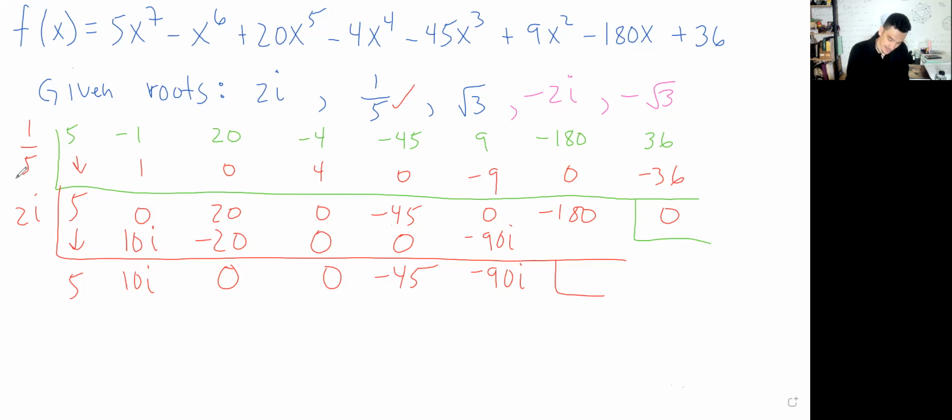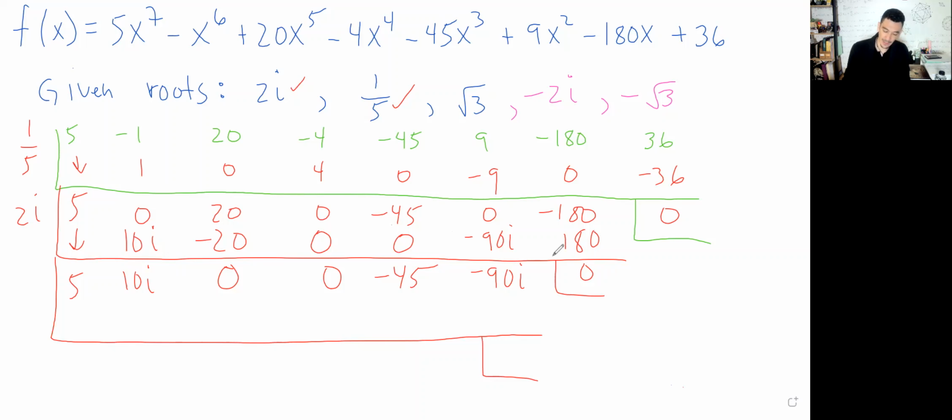And in like fashion, 2i times -90i, you will discover that it's actually positive 180, which gives us a remainder of 0. The 2i times the -2i, that'd be like -180i squared, but the i squared turns it into positive 180, remainder 0. Okay, so that takes care of this one.